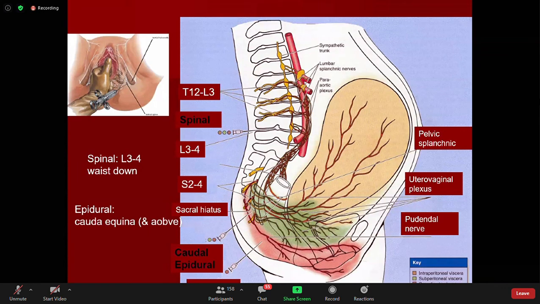The last 2 centimeters of the vagina will be supplied by the pudendal nerve, the internal pudendal nerve, which is somatic, meaning it will feel pain, touch, and temperature. You can't use cauterization or cut through that area or do any kind of procedure unless you anesthetize that area really well. Okay? Any questions?